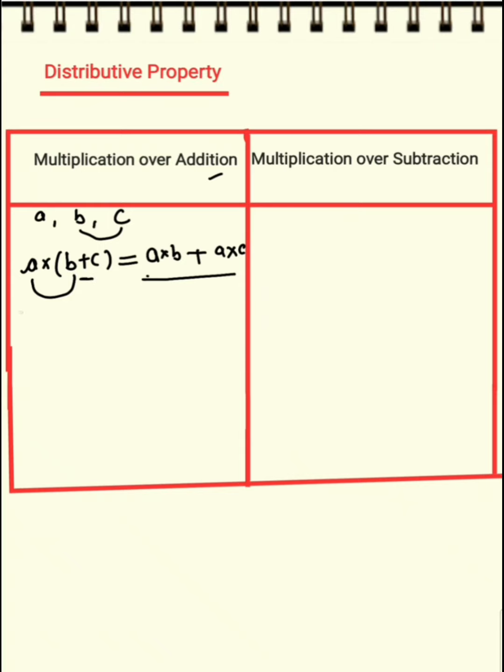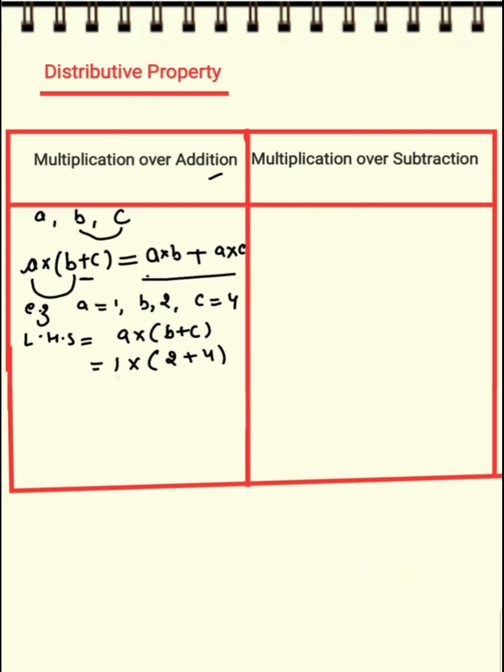Let's take one example. For example, I'll take A = 1, B = 2 and C = 4. Then left hand side is equal to A into B plus C, which is equal to A is 1 into B is 2 plus C is 4. So it will become 1 multiplied by 6, which is equal to 6.